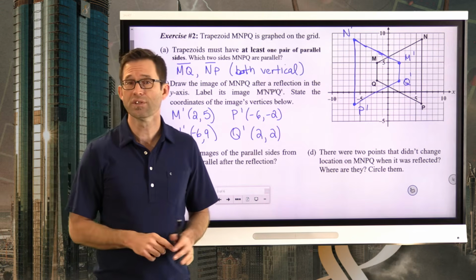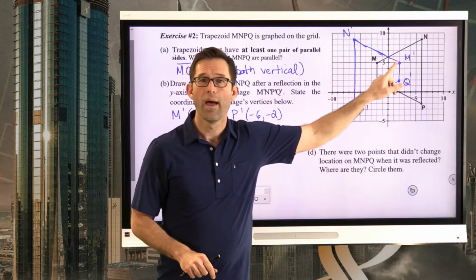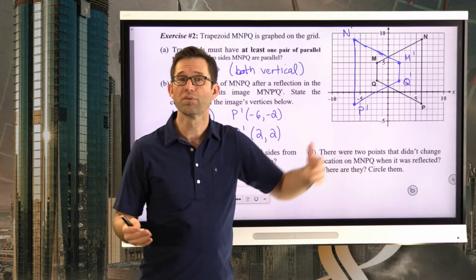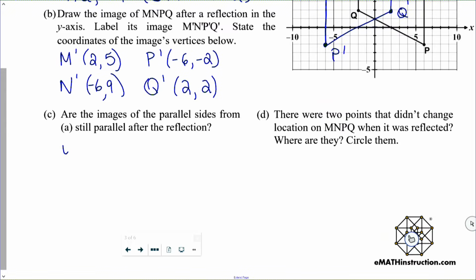All right, and the answer is yes, sure they are. N prime P prime is here, M prime Q prime is here. They're both still vertical, so they're both still parallel. So yes, both are vertical, so parallel.